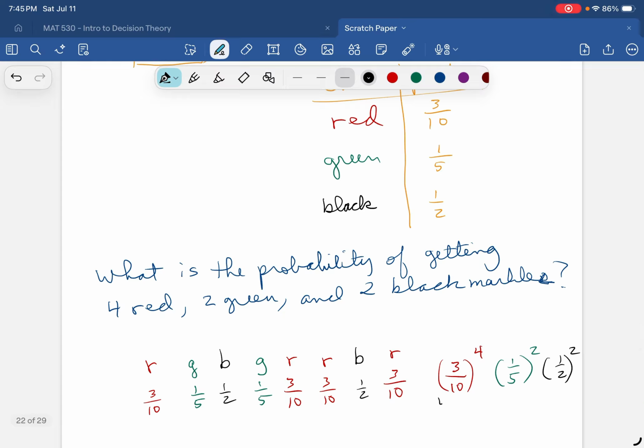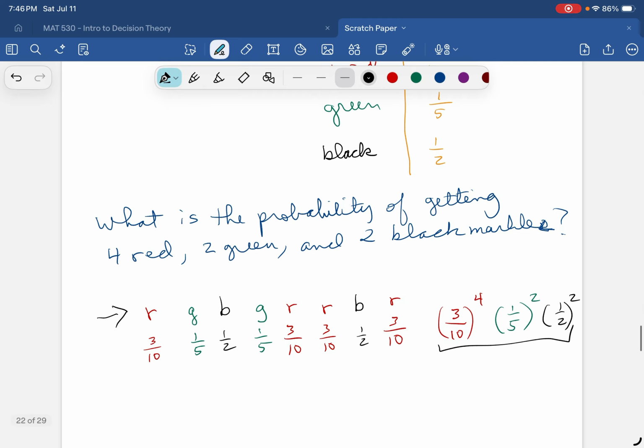So this is the probability that we'd get this particular outcome. So now we need to understand where that multiplier comes in. How many different ways could we reorder these things? That's the first question we need to answer.